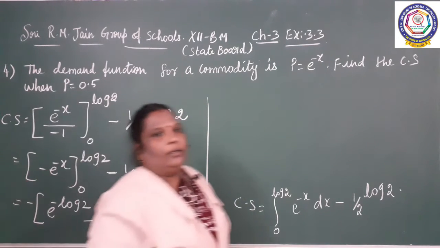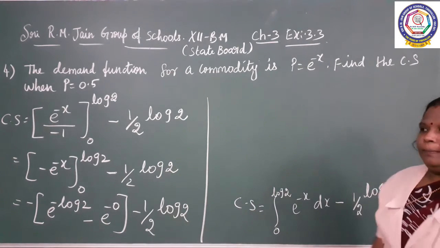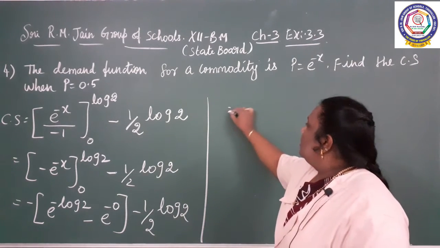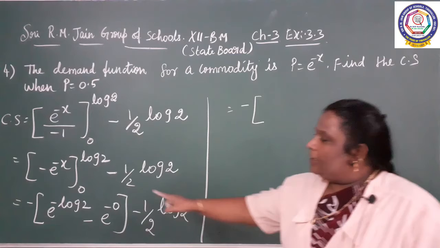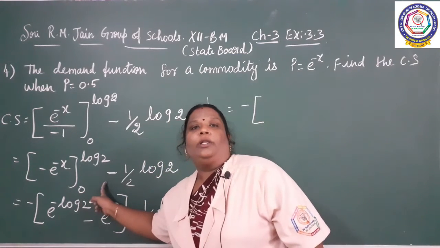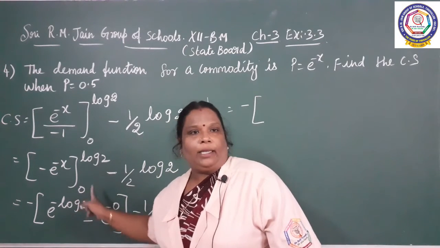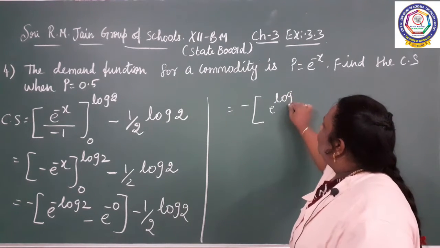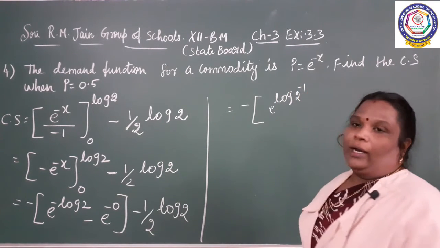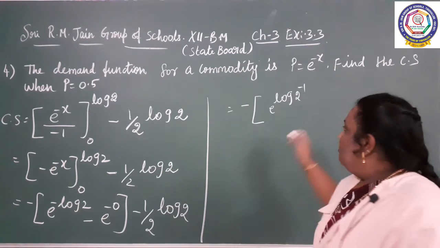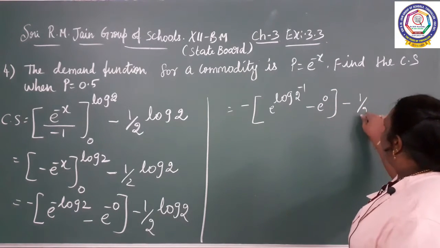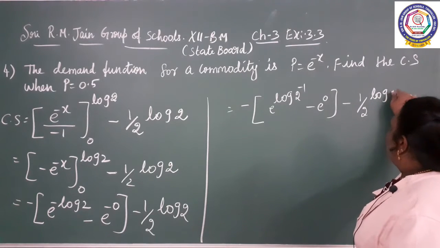See here, that minus 1 you can bring to the power, applying the power rule: e power log of 2 power minus 1, minus e power 0, minus 1 by 2 log 2.